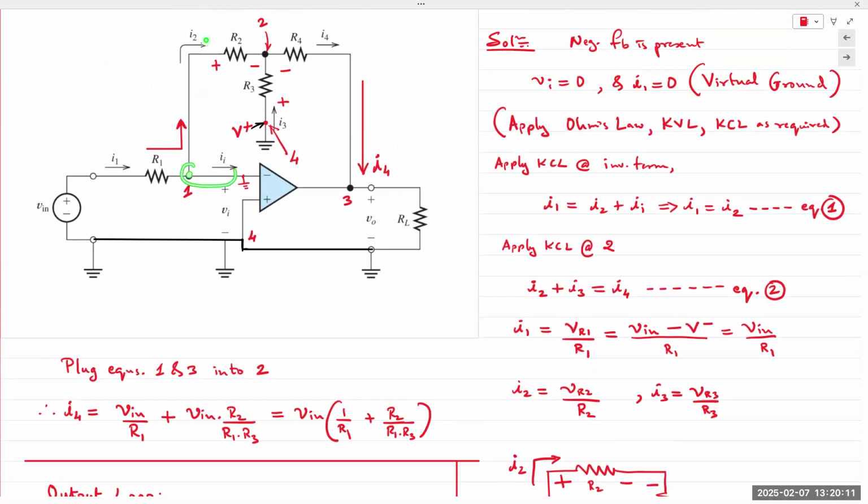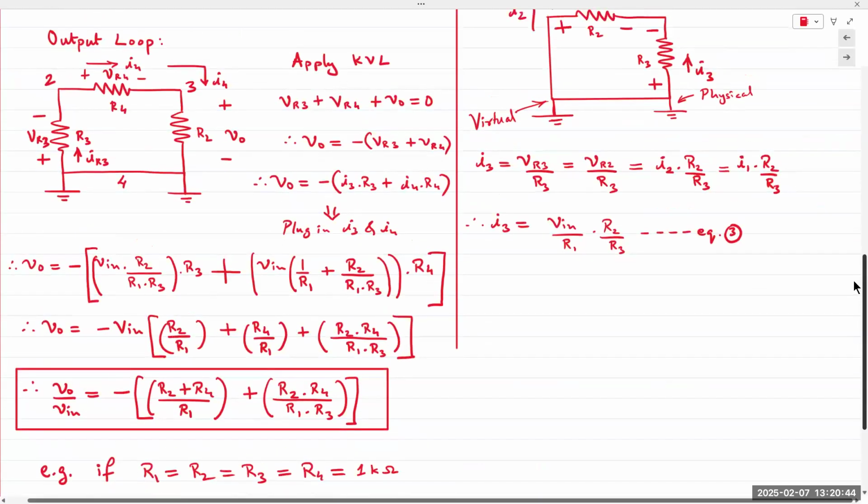This node right here is at virtual ground, right? And this is at physical ground. So I can create a loop that goes from here to here. Okay. Again, node 1 is at virtual ground. So I can create a loop that covers both R2 and R3.